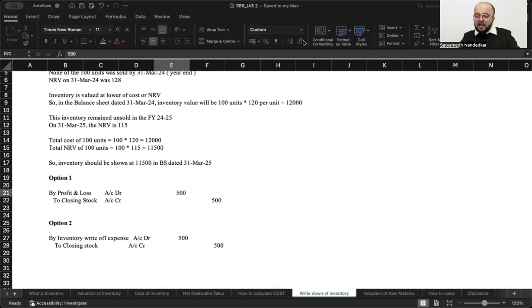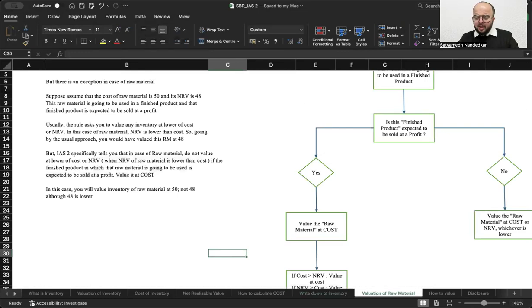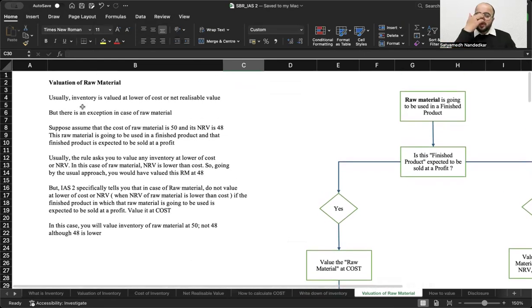Now, after that, there is one point that I would want all of you to focus on, and that relates to valuation of raw material. I can bet that this aspect of raw material valuation, you must have either not seen or you have forgotten about it. Now, what is the rule for valuation of inventory?